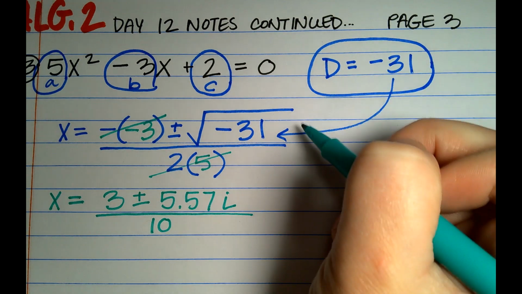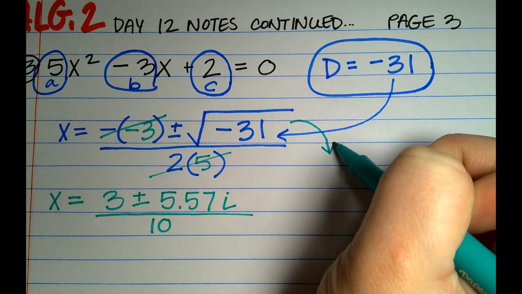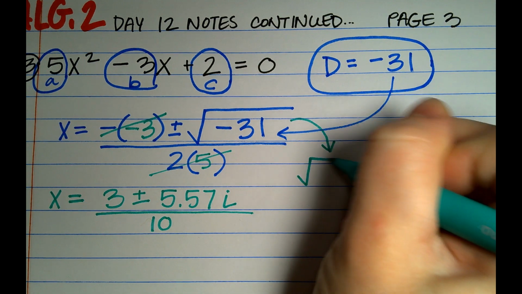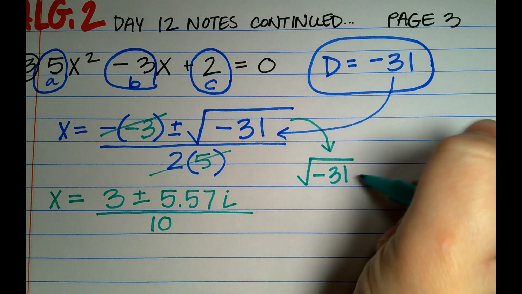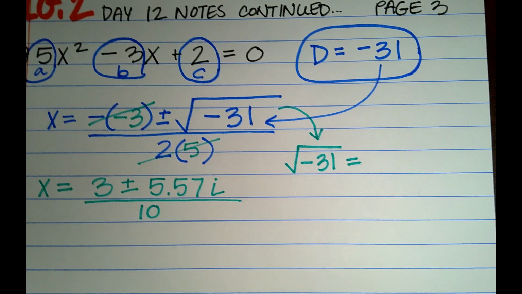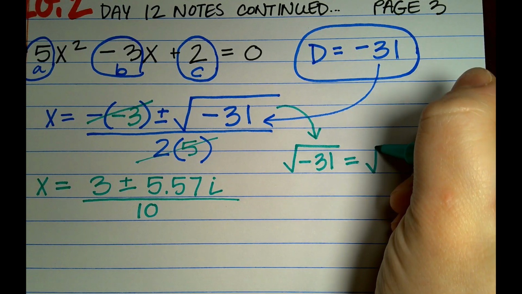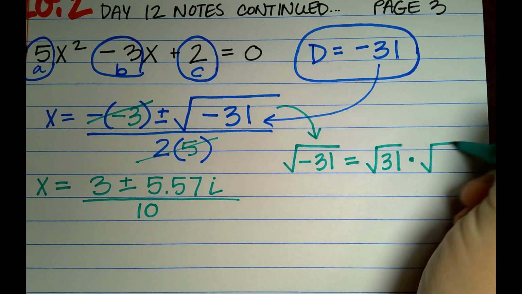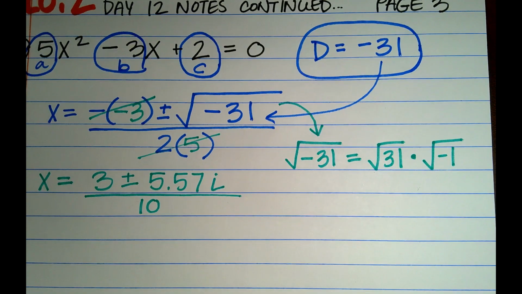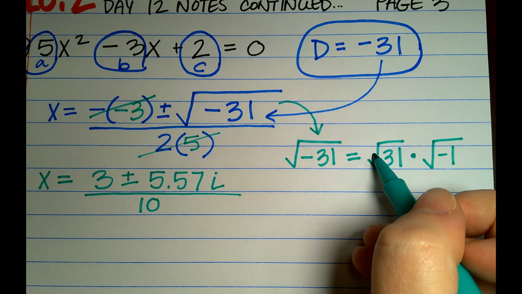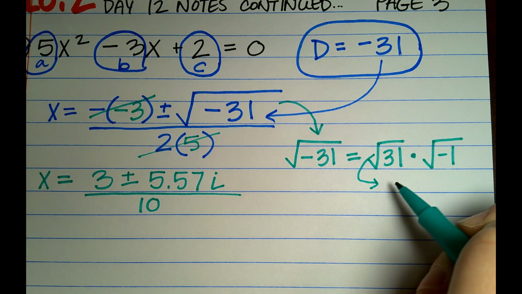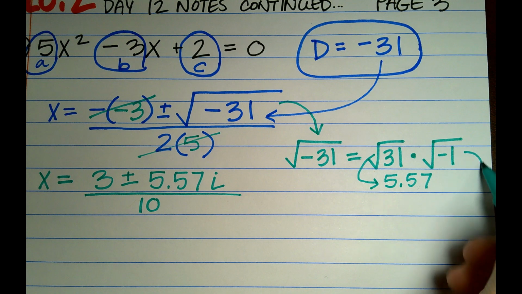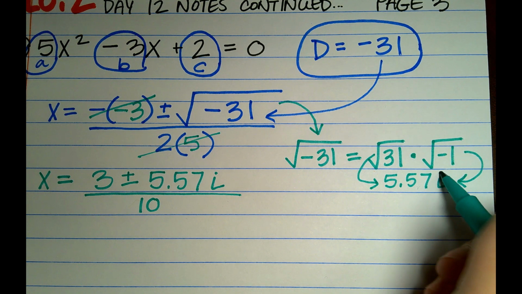Good. And off to the side, I'll just write how we got that. Square root of negative 31 is the same thing as the square root of 31 times the square root of negative 1. The square root of 31 was 5.57. The square root of negative 1 we write as i.